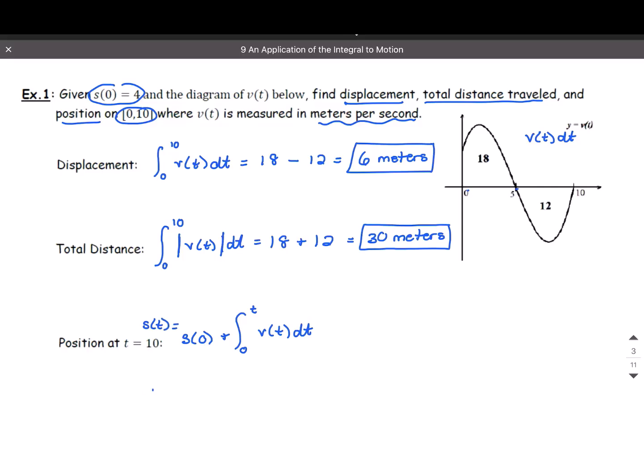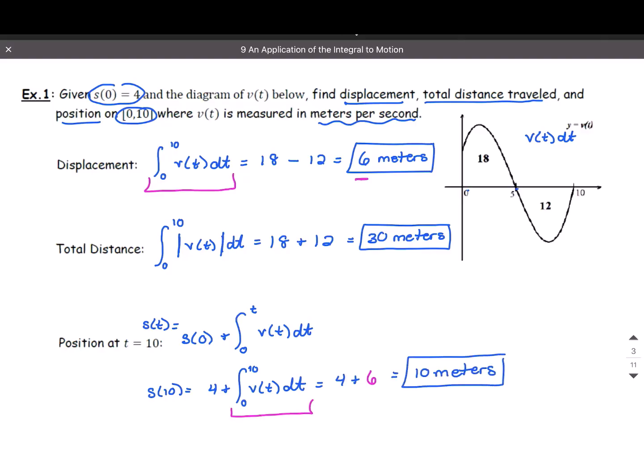So we want s of 10, that's going to be s of 0, which is 4, plus the integral from 0 to 10 of v of t dt. Now wait a minute, we already did this integral from 0 to 10 of v of t dt and got 6. So 4 plus 6, that's 10 meters. So our position is 10 meters after 10 seconds.